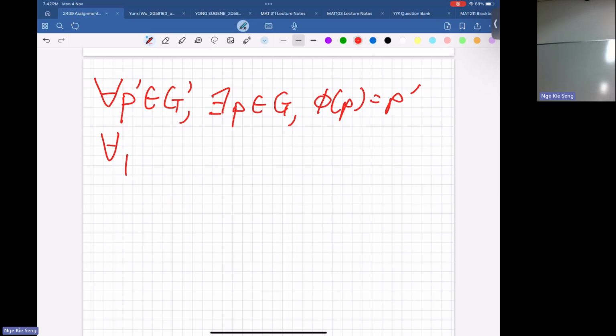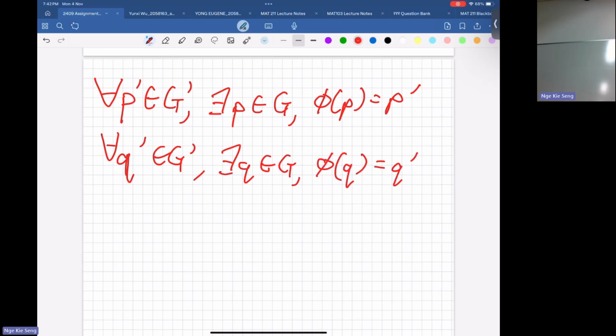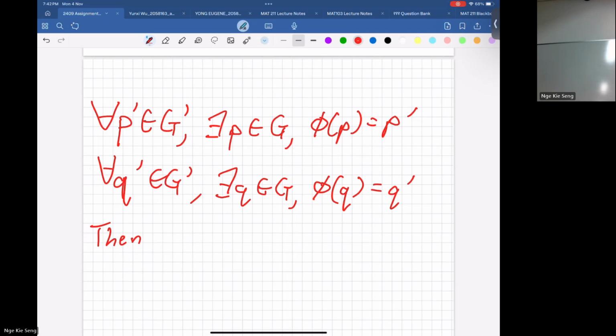And then for every q prime in G prime, there is this q in G such that φ(q) equals q prime. So then, I want to write it here.